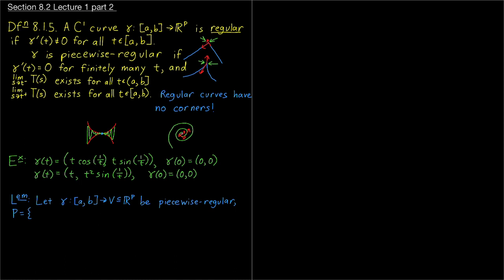There's only finitely many of them. We'll go ahead and throw in the endpoints just because, why not? And then we can put them in order. There's finitely many of them.